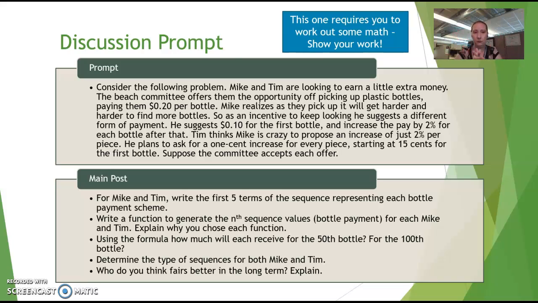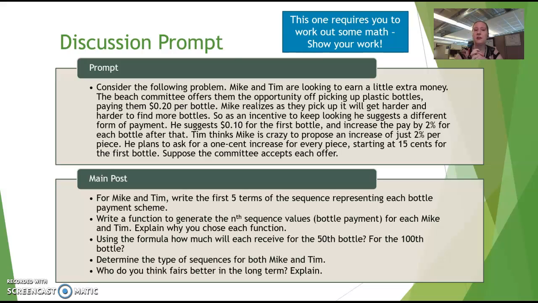So here's what you have to do. For Mike and Tim, write the first 5 terms of the sequence representing each bottle payment scheme. Then write a function to generate the nth sequence values of the bottle payment for each Mike and Tim. Explain why you chose each function. Using the formula, how much will each receive for the 50th bottle and for the 100th bottle?